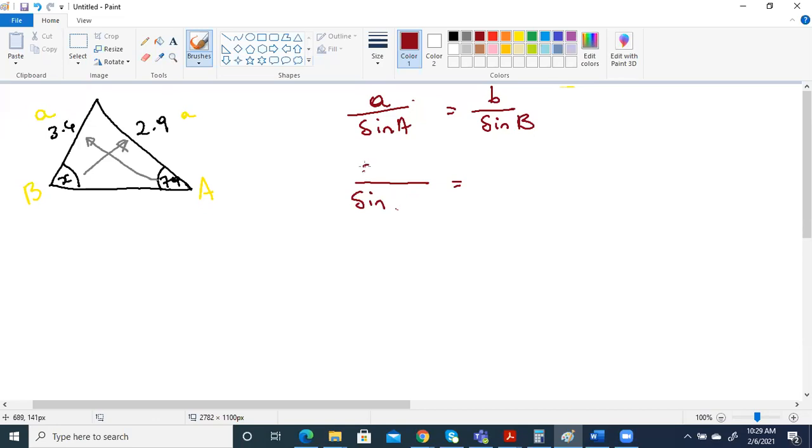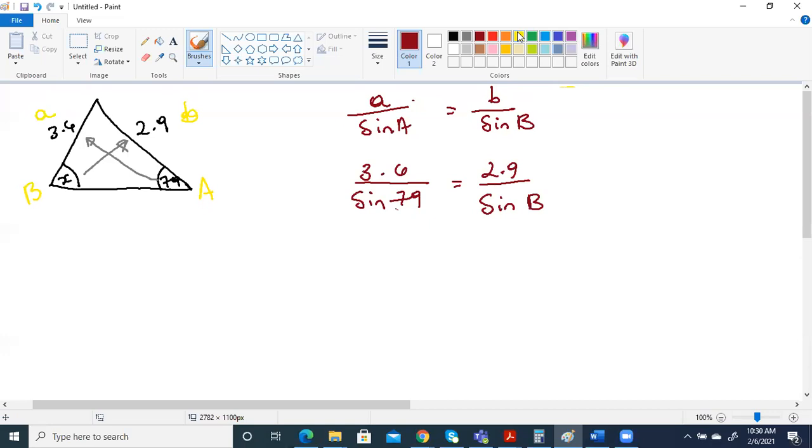So 3.6 over sine 79. This is small b, not A. So small b would be 2.9 over the angle that we're trying to find, right?